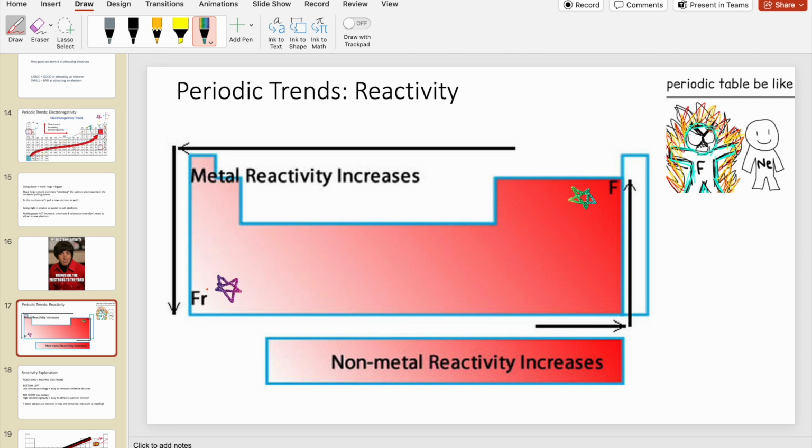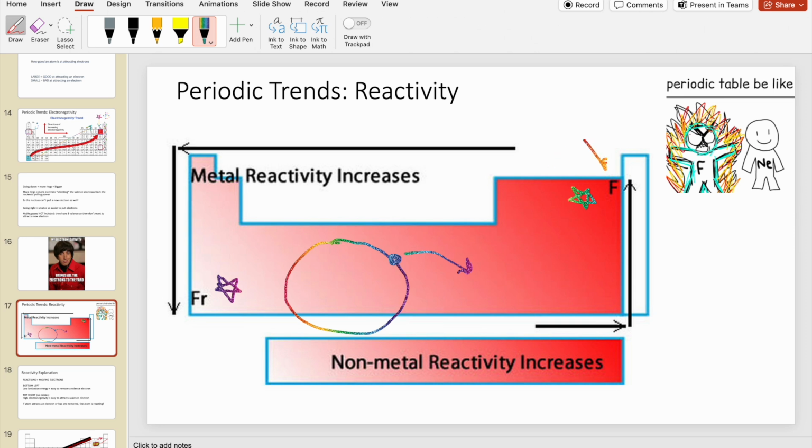For example, francium way at the bottom here is huge. Think about a gigantic atom. You only have one valence electron. It's going to be super easy to take that electron away. Low ionization energy, easy to take that electron, very reactive.